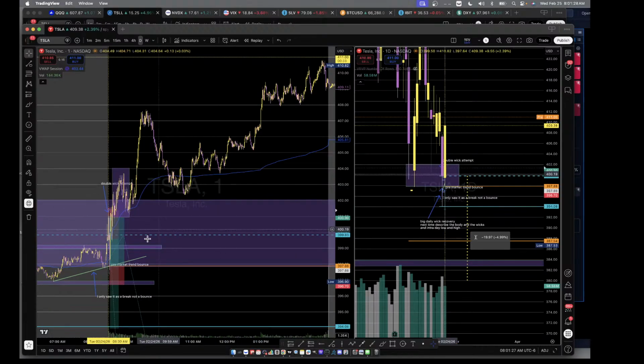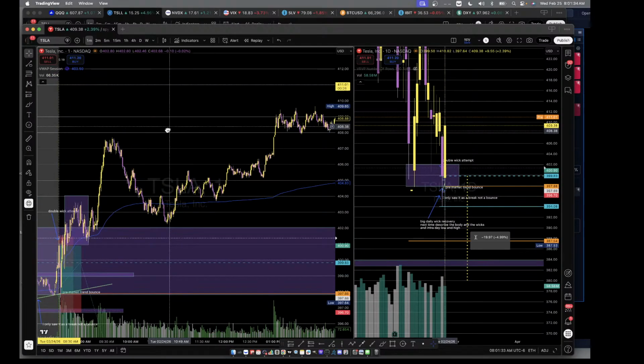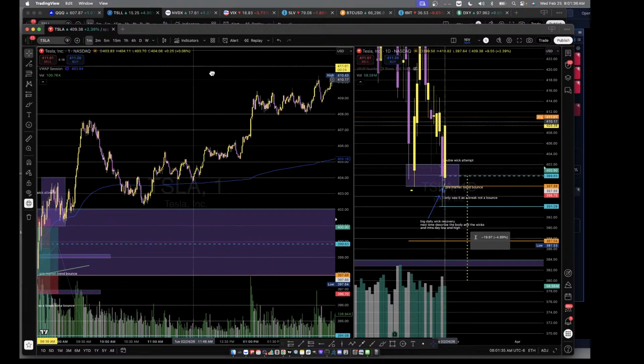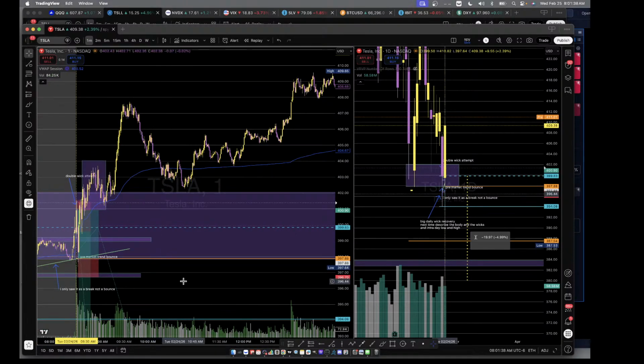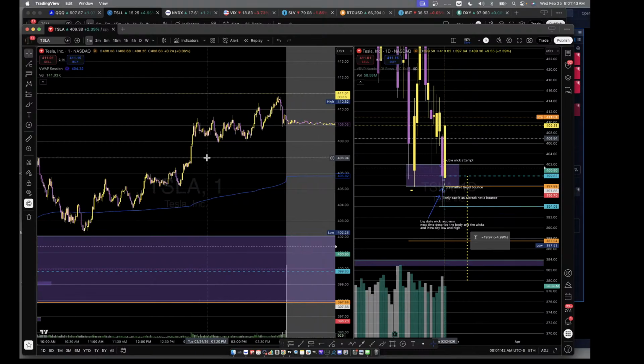Yesterday, it was a pre-market trend bounce, and it just kept going higher and higher. We missed out on 10 plus three more dollars, $13.